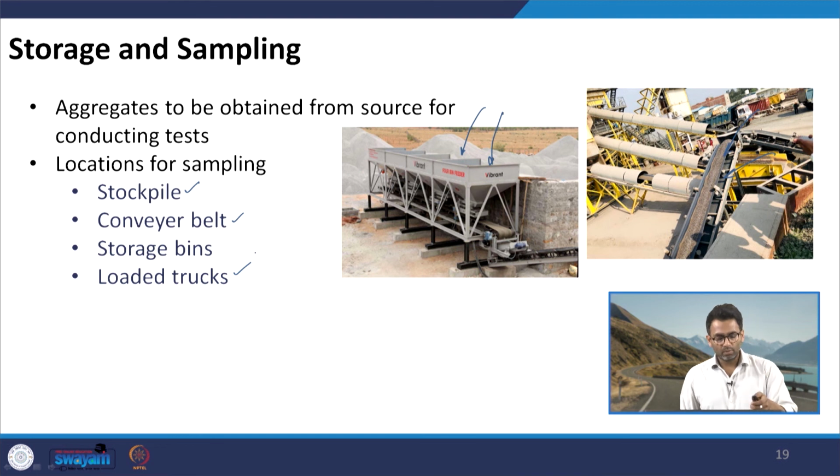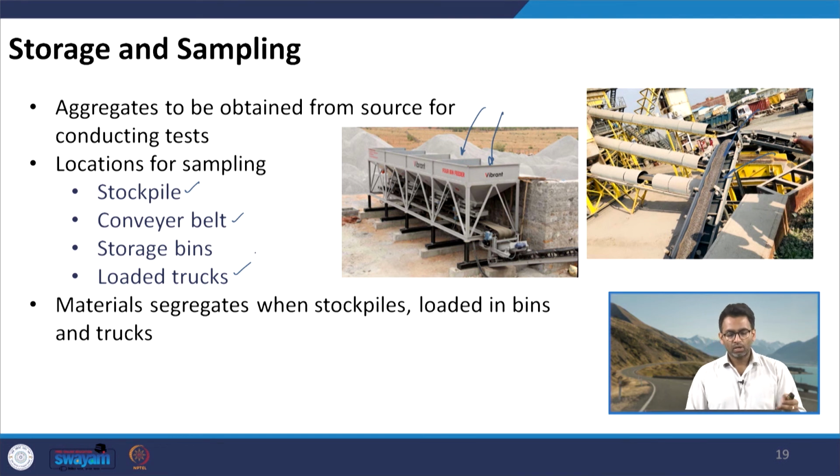Now, the most ideal location among these four is the conveyor belt, where the amount of segregation will be less. For example, if you are storing the material in a stockpile, depending on the size of the material, it may start running down. So, you will have coarser material on one side and finer material on the other.